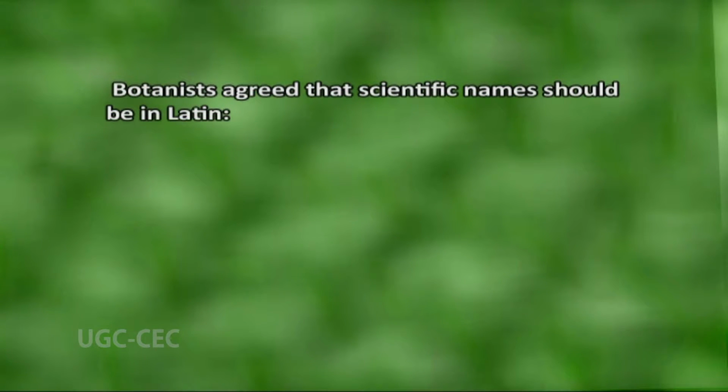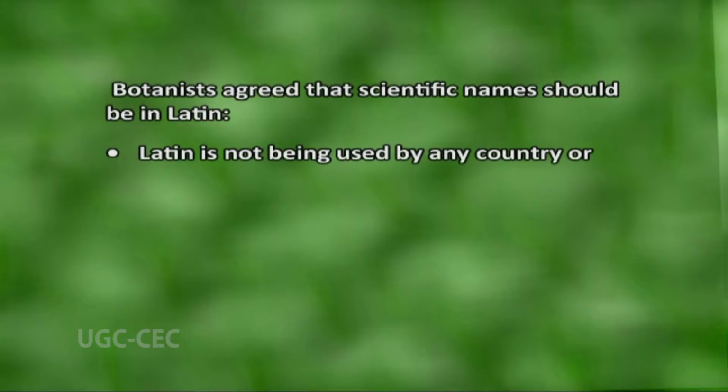The first problem which they faced while giving scientific names to plants was to select the language which can give a clear-cut meaning and which would not change. Although Latin is a dead language now, it was agreed by botanists of the world that scientific names should be in Latin, particularly for the following three reasons.